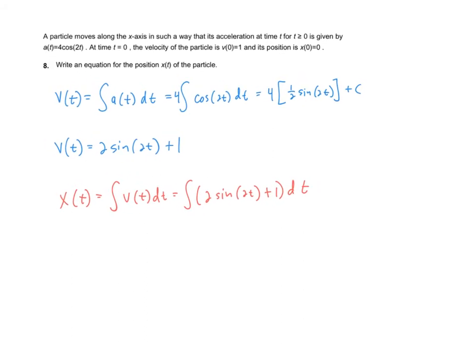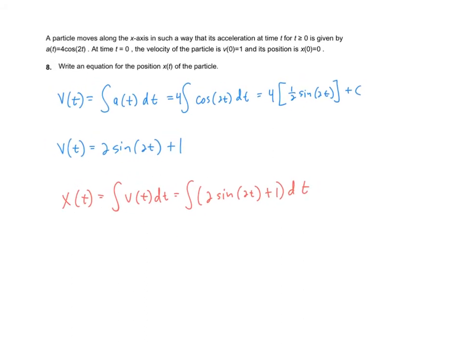The integral of 2 sine 2t is negative cosine 2t. The integral of 1 is t, plus c. Okay, x of 0 is 0.